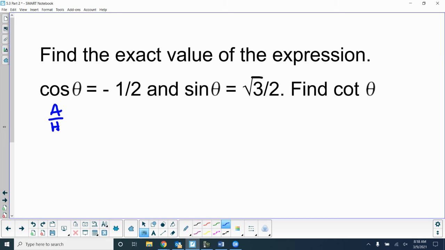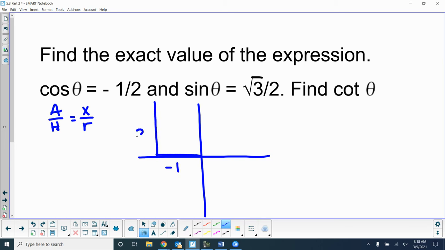X over R. Okay, my X value is -1, my Y value is +2. What quadrant am I in? X value is -1, Y value is 2.